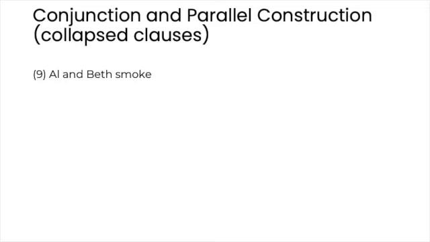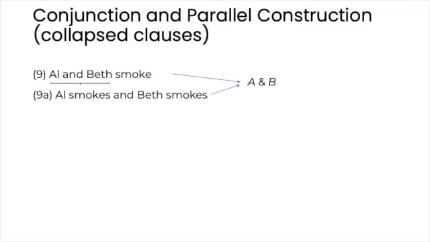Here, "and" is not joining two sentences, but two nouns or two noun phrases, namely Al and Beth. However, sentence 9 is simply equivalent to "Al smokes and Beth smokes." And so both sentences are symbolized in the same way, A ampersand B. 9, you could say, is simply a collapsed version of 9a. In 9, we're getting rid of one of the occurrences of the verb phrase.